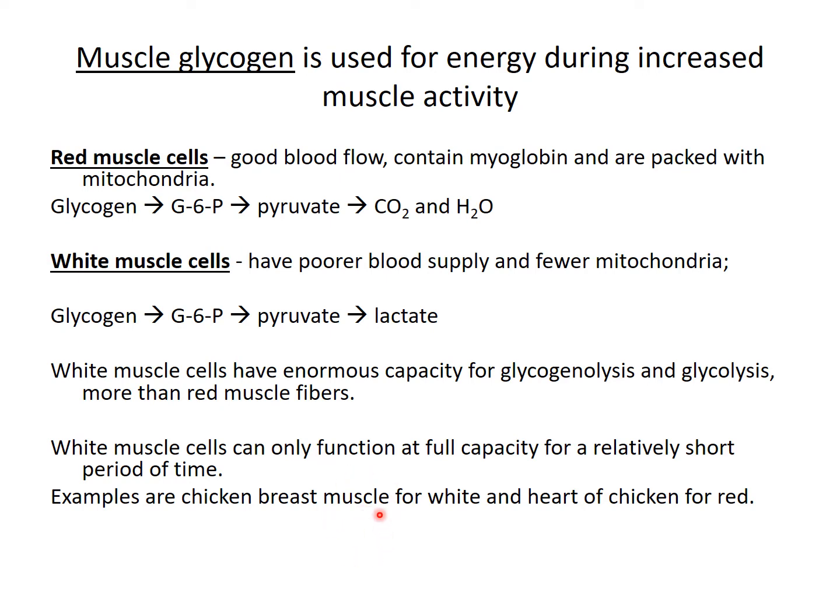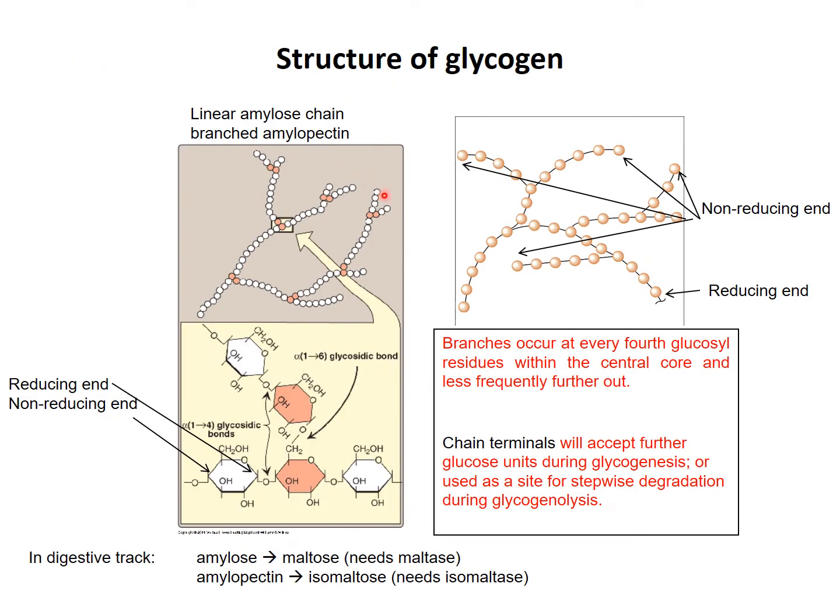If you are looking at the muscle of the flying birds, that red muscle cell can use glycogen to start with, but then it continues to use fatty acids to produce a lot of energy and also for a long time.